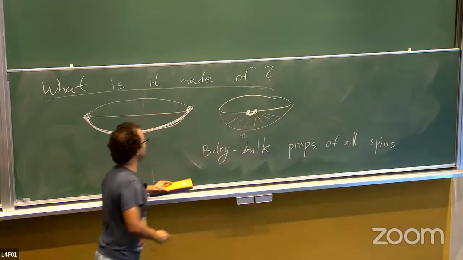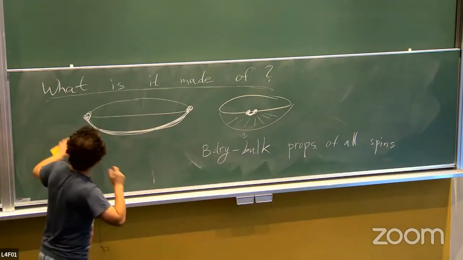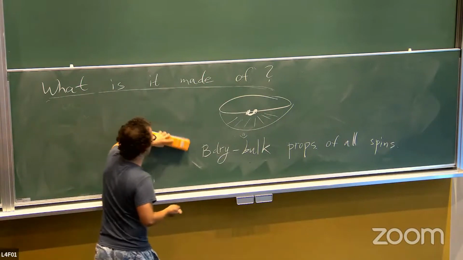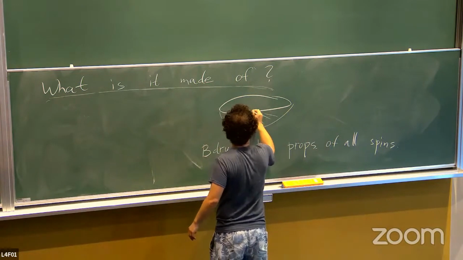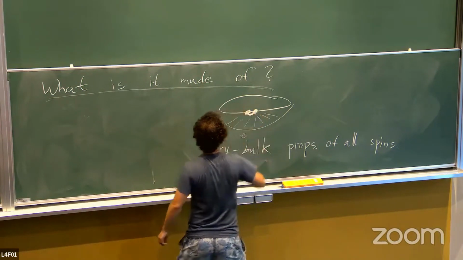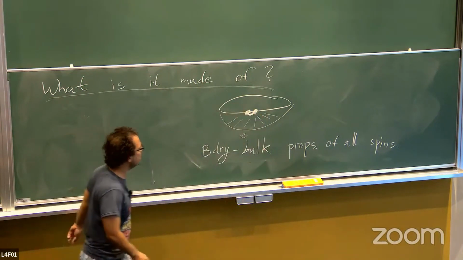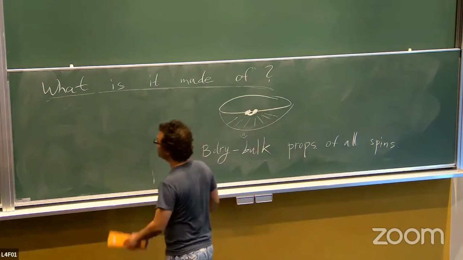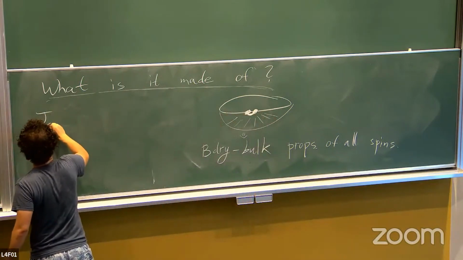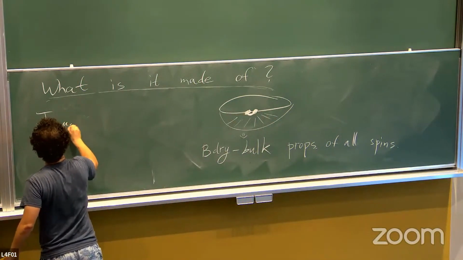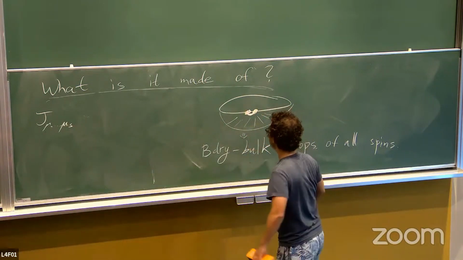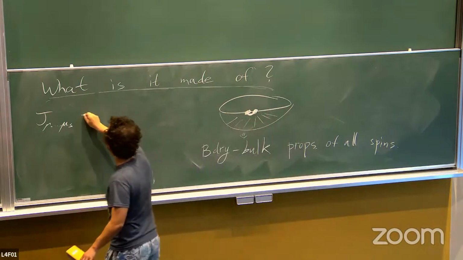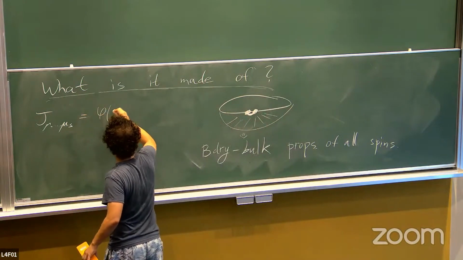Okay. And it turns out that the correct interpretation of the object itself is this tower of operators of all spins on the boundary that is radiating all these fields.